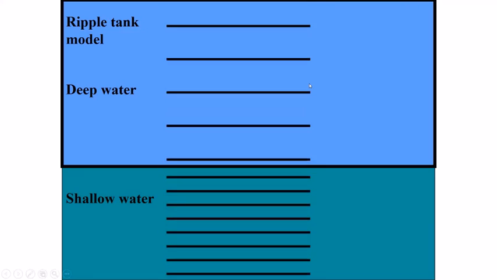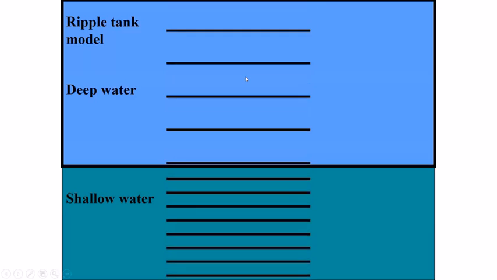As you can see, the wave becomes slower. And what happened to the wavelength? The distance between two successive crests, what happened to the wavelength? So the wavelength is also decreasing.